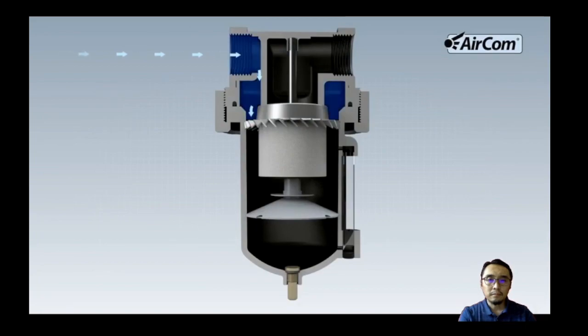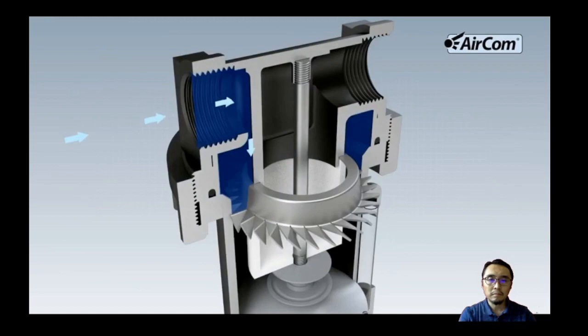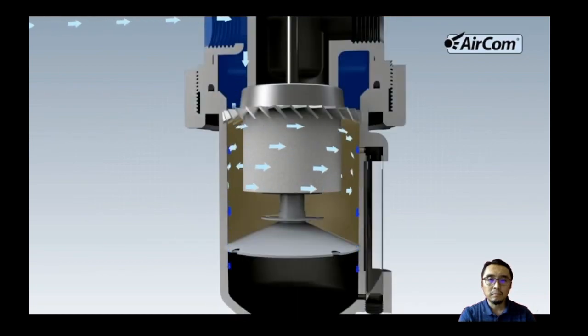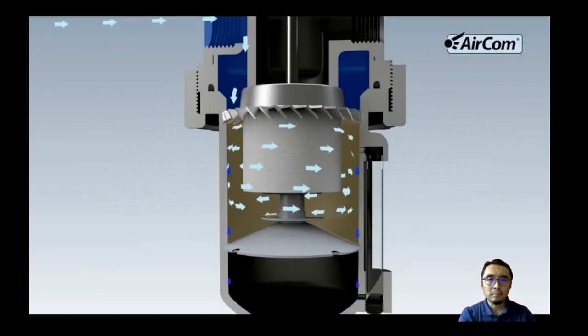Air flows into the filter through the inlet hole. The air is brought into rotation by the canted wings of the twist cap. This rotation, also referred to as cyclone effect, flings water particles in the air against the filter wall. These water particles then run off the container wall to the container's base.